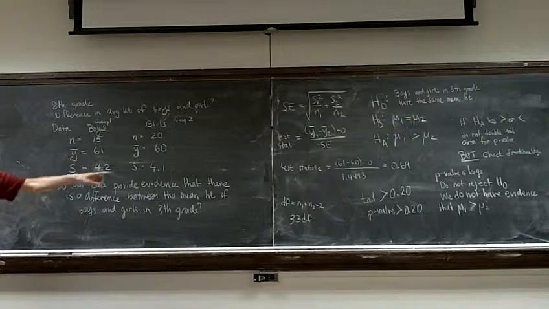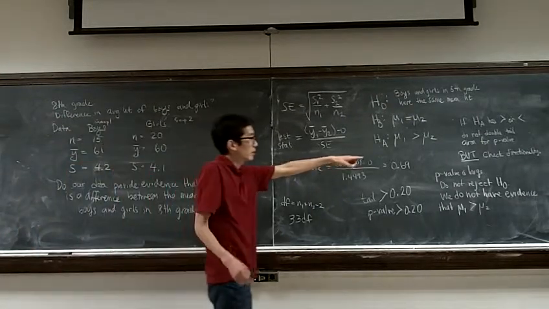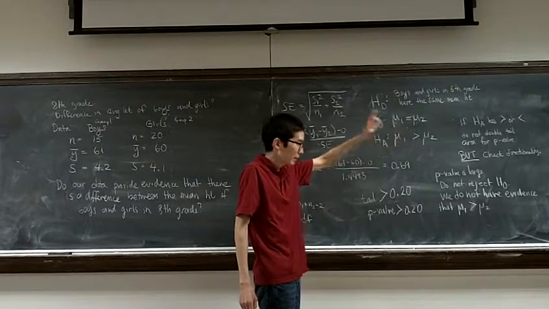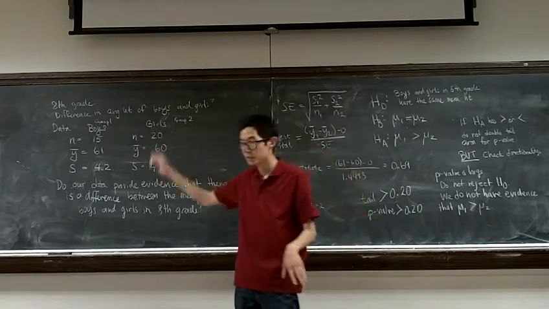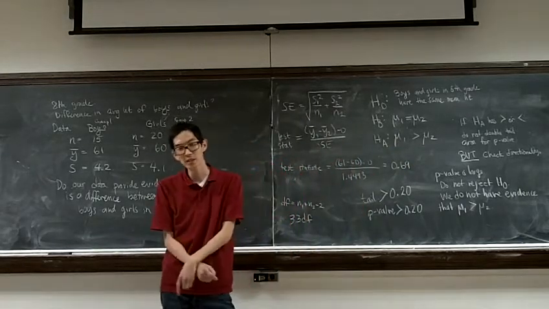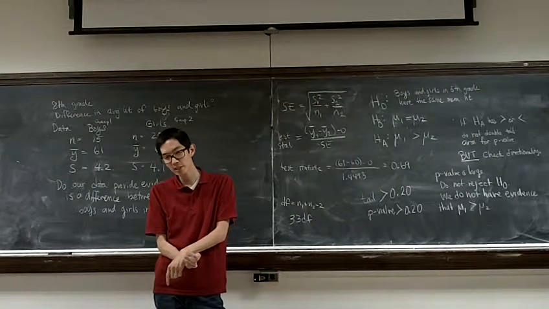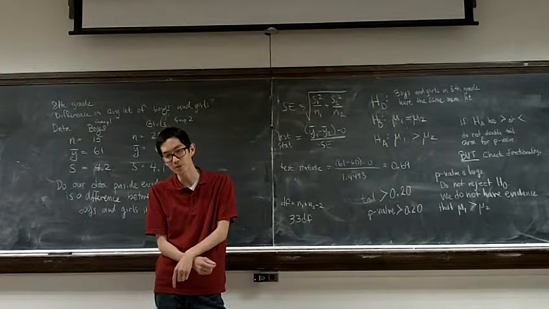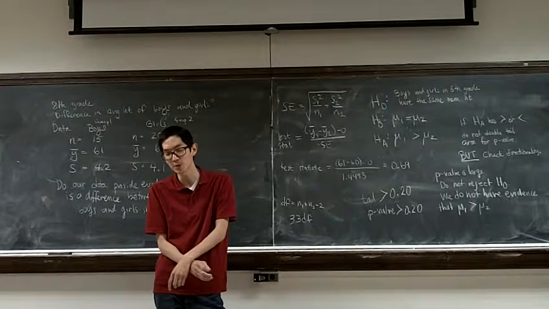Alright, so let me talk about this idea of checking directionality. Let's say, prior to gathering the data, somebody says, you know what, in 8th grade, girls generally have their growth spurt before boys do.